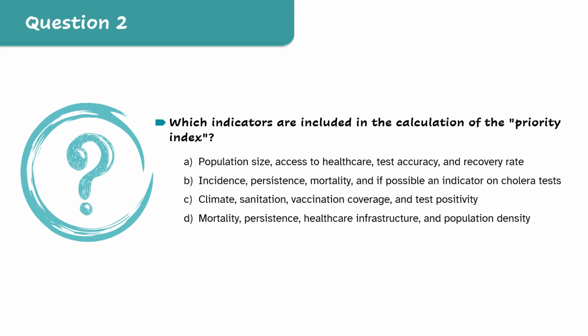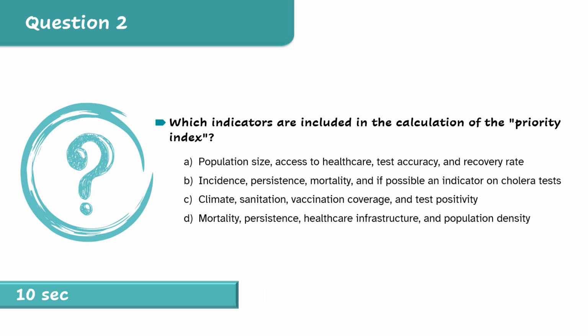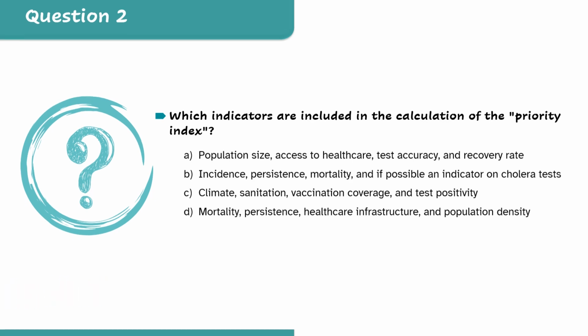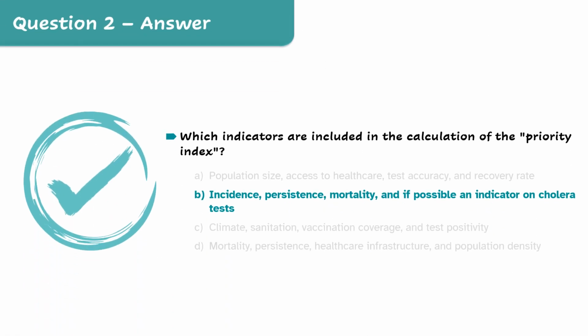D. Mortality, persistence, healthcare infrastructure, and population density. The correct answer is B. Incidence, persistence, mortality, and if possible, an indicator on cholera tests are included in the calculation of the priority index.